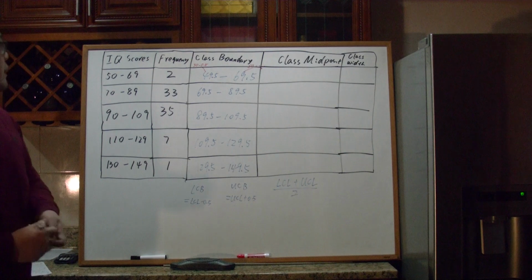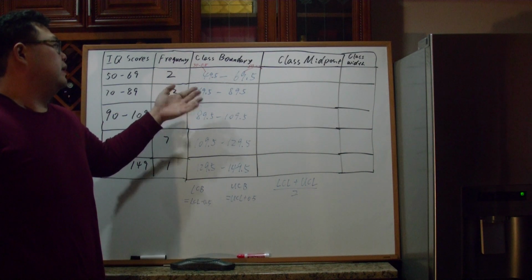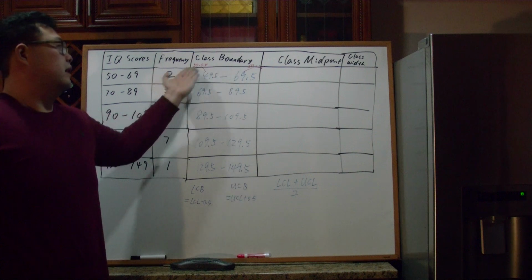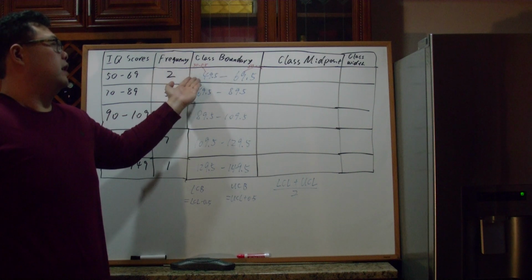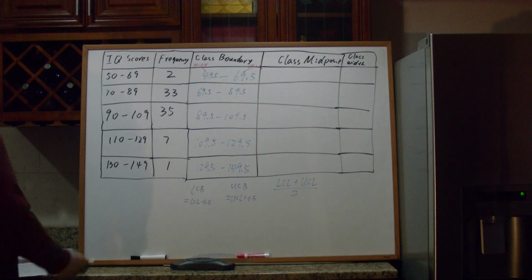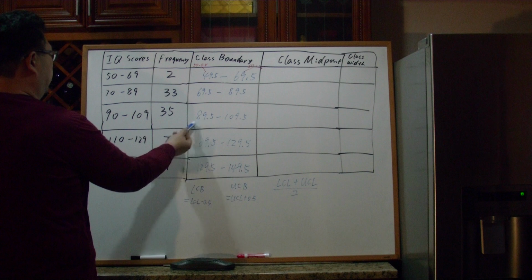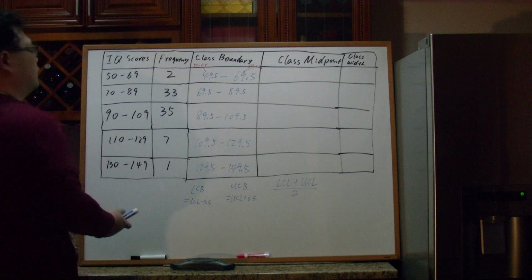We can see that the boundaries are connected with no gaps. We get the jump from 49.5 to 69.5, then 69.5 to the next 89.5, then from 89.5 to 109.5, and so on.